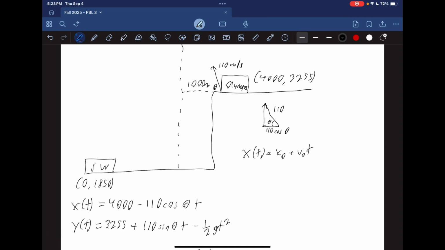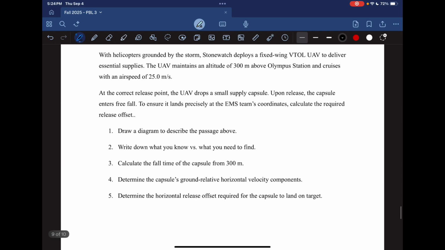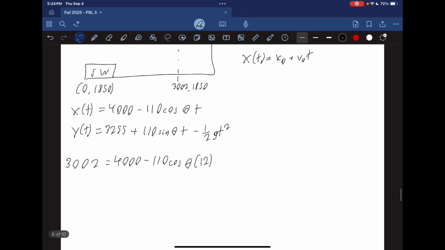That's this value right here. Sorry, I forgot that 0 there. But this is 4002 minus 1,000. This value is 3002 and then 1850.